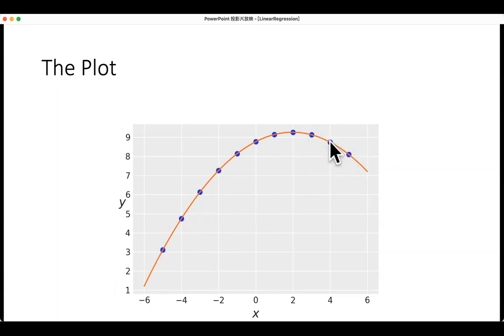But the answer is actually no, because as you can see, at the last few points we have a turn, which indicates that when x increases, we actually get a smaller y value, okay?